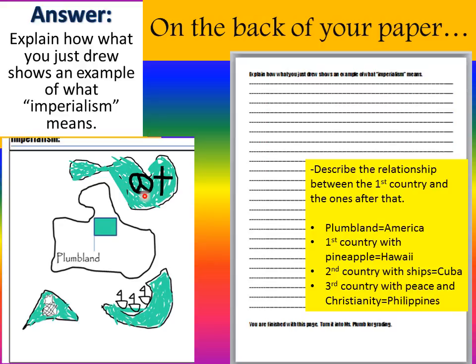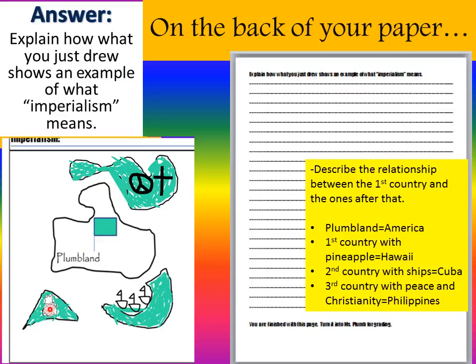And one thing I want you to notice before you go on to write is the order that we colored and drew things. So if you go to the pineapple, what was there first? Did we take it over, meaning did we color it in first and then put the pineapple? Or did we put the pineapple and then color it in? What we did was we put the pineapple there first before we took over, before we colored it in.